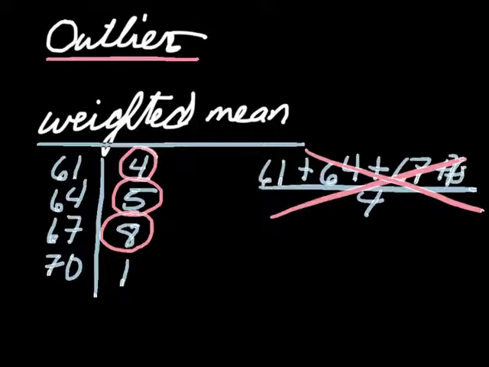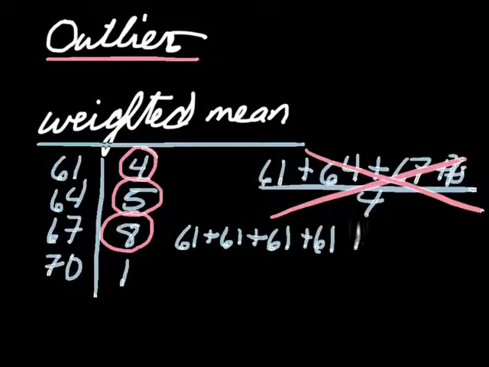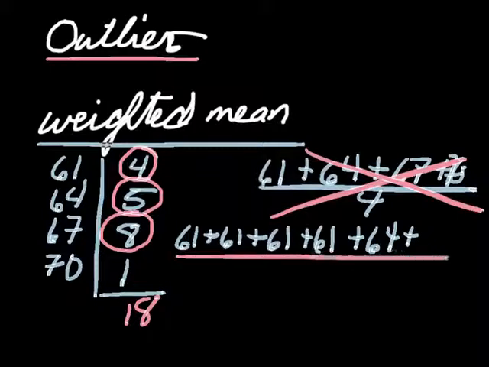So in order to find the average, I really should do 61 plus 61 plus 61 plus 61 plus 64 plus... 64 5 times plus 8 67s and plus 70, and then I need to divide by whatever the total here is, which is 18. So I would divide this by 18.